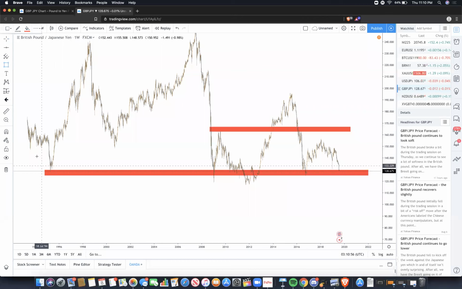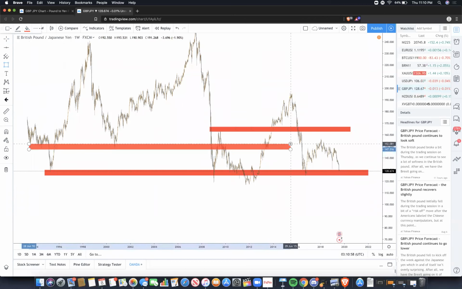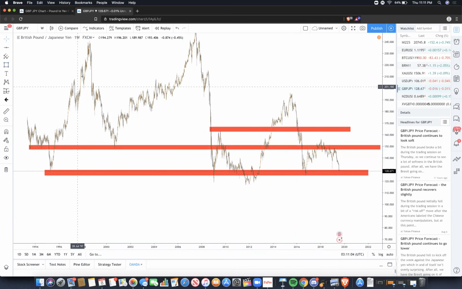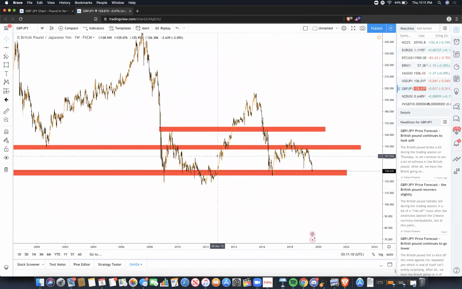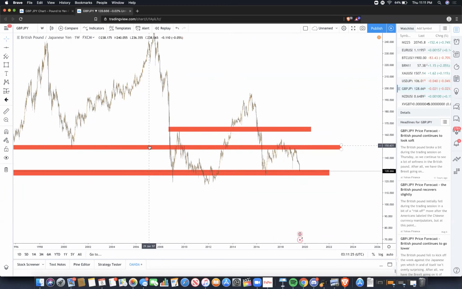If I look for a zone from here to here and drag this across, when the market broke out and retested and kept going higher, now I understand why when the market broke down and retested up here, the market came back down, retested again, kept going down, and then when it broke above, it retested that same price again. It tells me that there's an important level here.